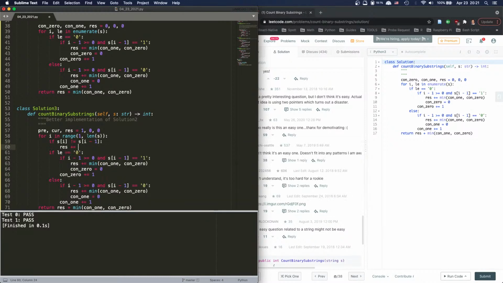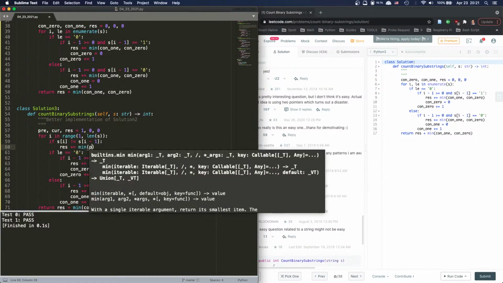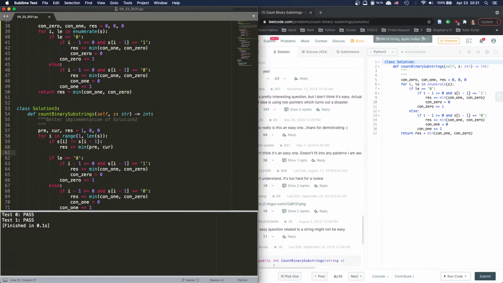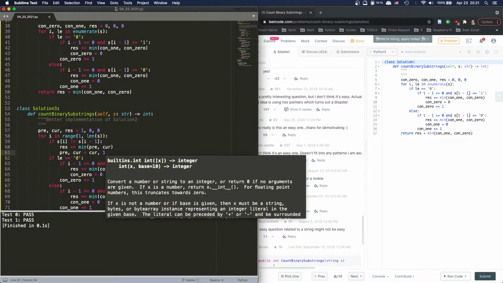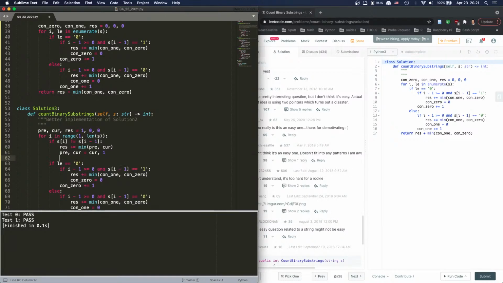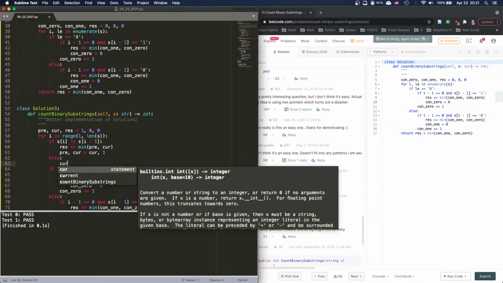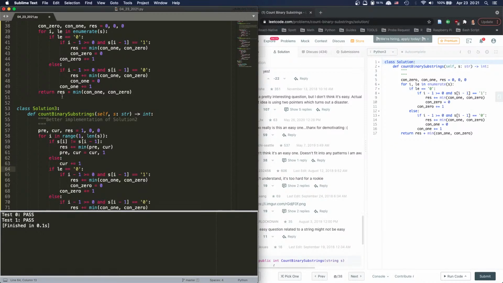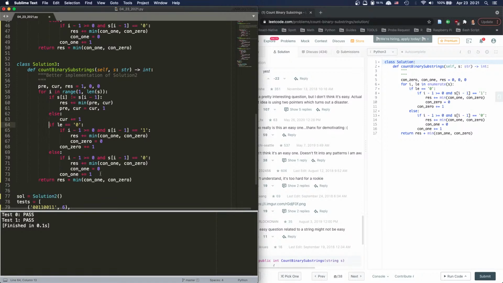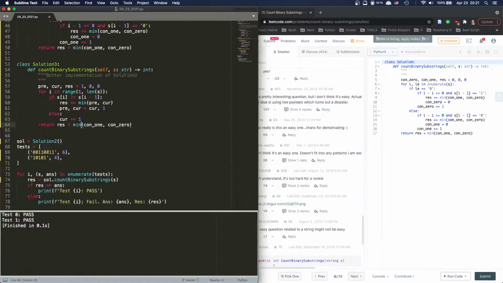Then result is going to plus equal min(pre, current), and pre is going to be current, and current is going to be 1. Else current plus equal 1. Yep, I think that is the one. And at the end, when we exit, we do have to do min of pre and current again. So let's try solution 3.